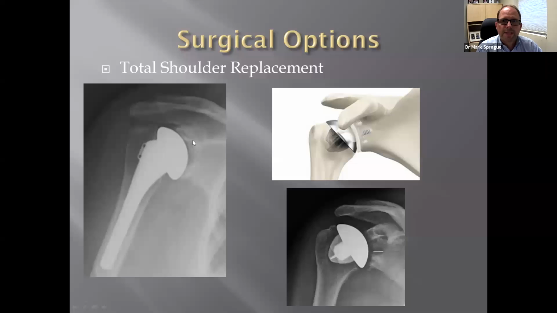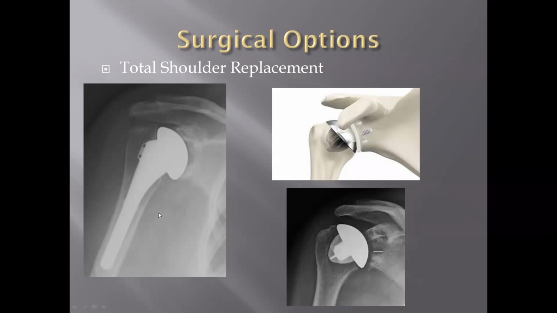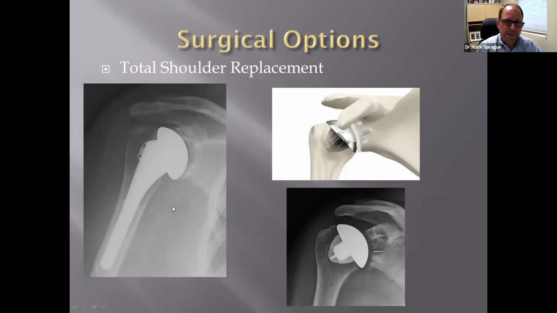There are newer designs out there. This is an example of a design I'm using currently, where, as you can imagine, if this person were to need a revision surgery down the road versus this person, this would be a lot easier to revise and operate on than imagine what it involves taking something like this out or revising something like this.